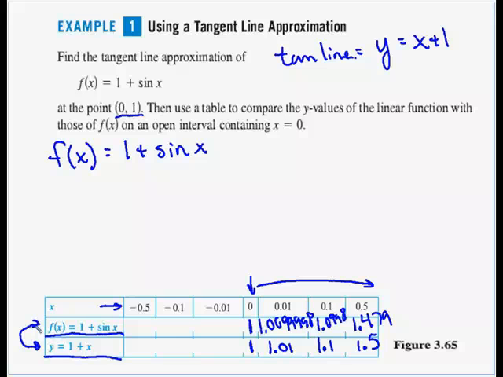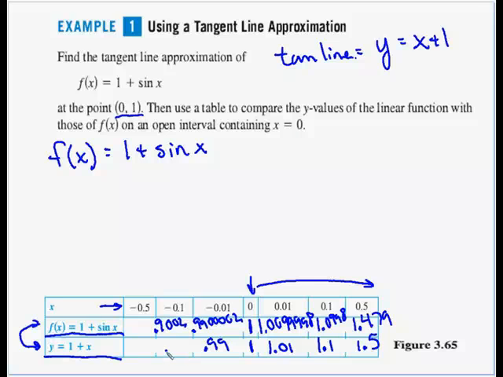And the same holds true as we head in the negative direction. At negative 0.01, our original function gives us 0.99, and then it has 4 zeros and a 2: 0.9900002. The tangent line approximation just gives us 0.99. At negative 0.1, our original function is 0.9002.